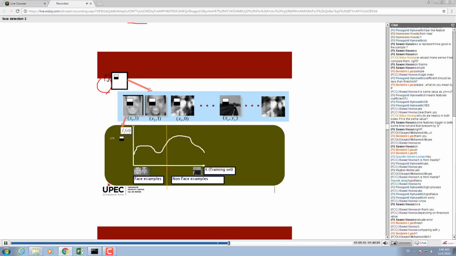So this slide is showing the process of applying every fj. It is about every weak classifier, so it is the same as hj. From now, when we say fj, it is almost the same as hj.